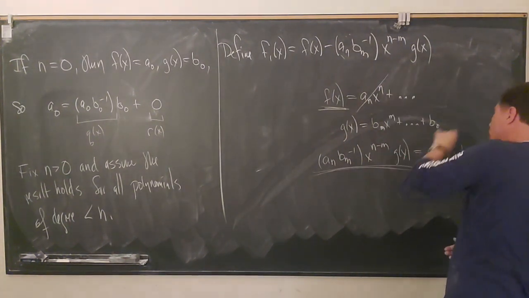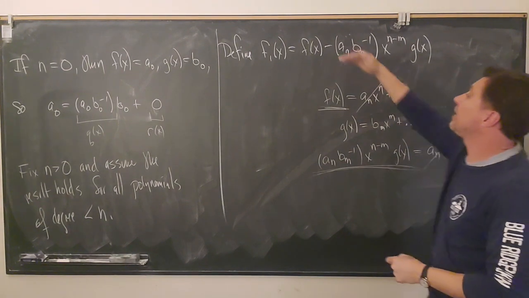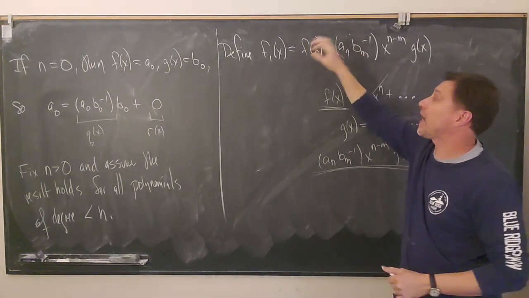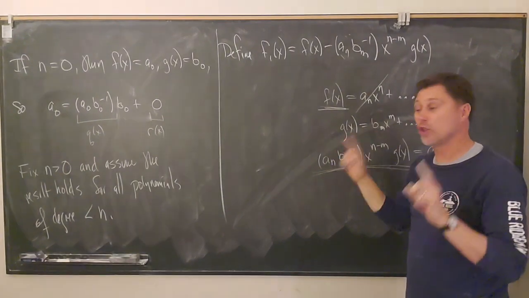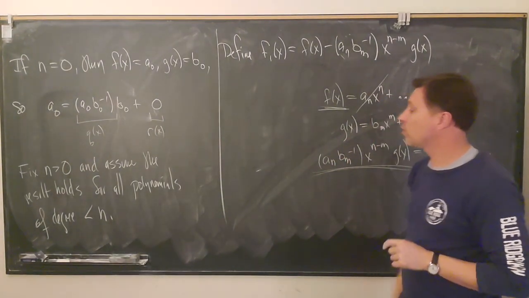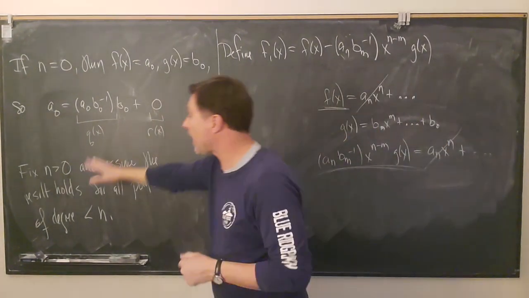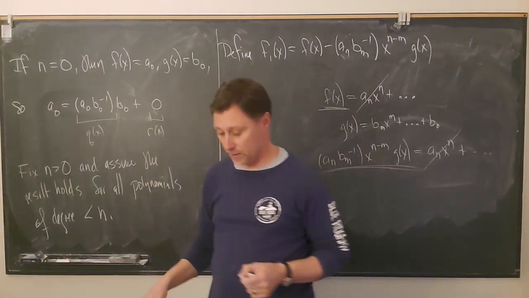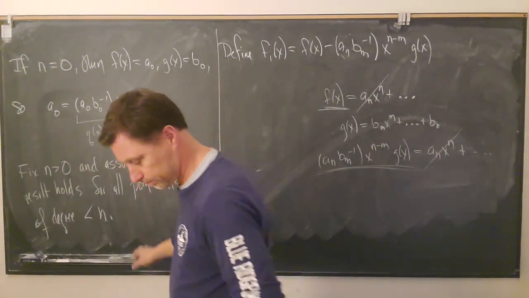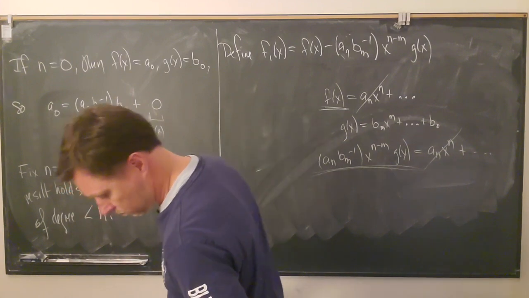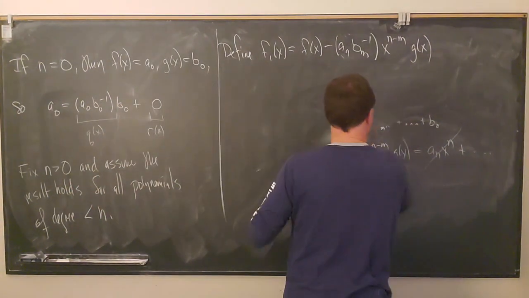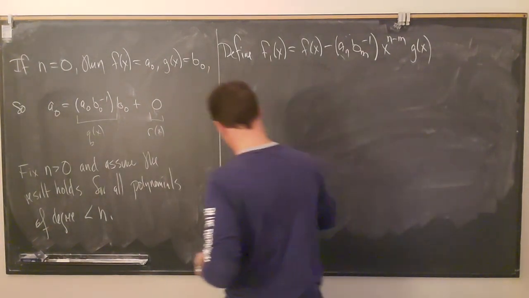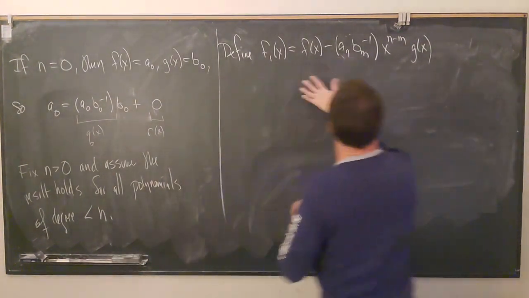Well, the leading term gets killed, which means that this polynomial right here has degree strictly less than f. Its degree is smaller than the degree of f, which means that it's strictly less than n, and that's going to allow us to apply our inductive hypothesis.